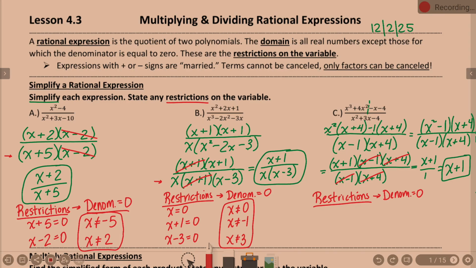We only had 2, didn't we? Yeah. So x minus 1 equal to 0. X plus 4 equal to 0. So we know that what? X, add the 1 over, x cannot equal 1. Subtract the 4 over, and x cannot equal negative 4.